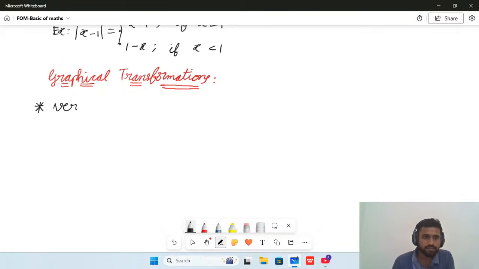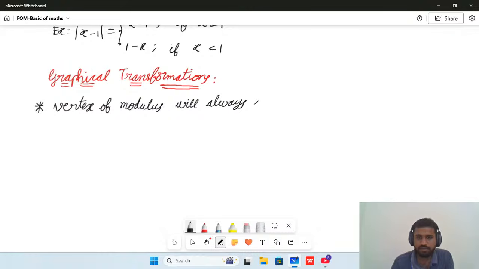Vertex of modulus graph will always be at a critical point.